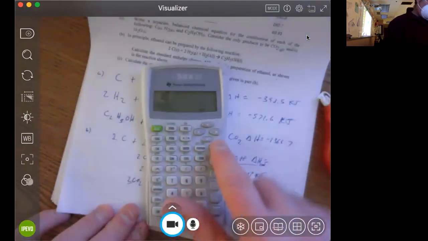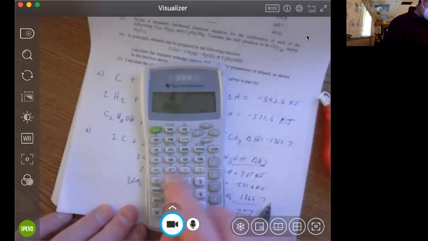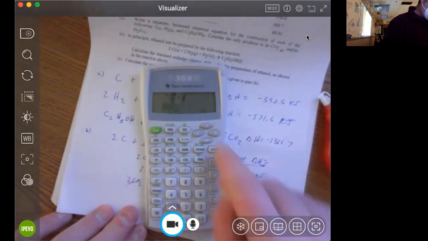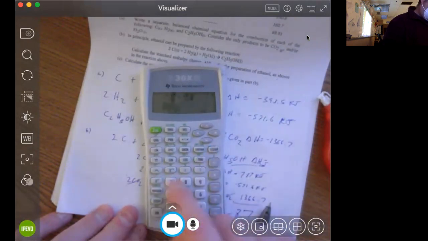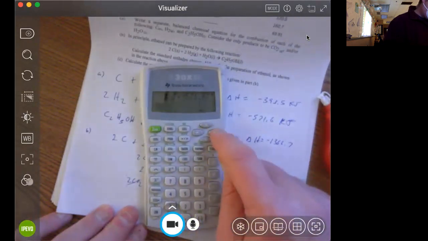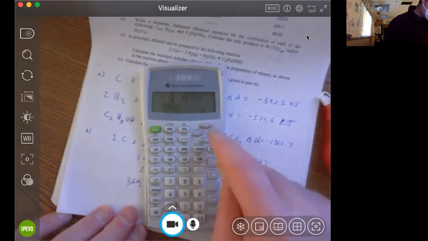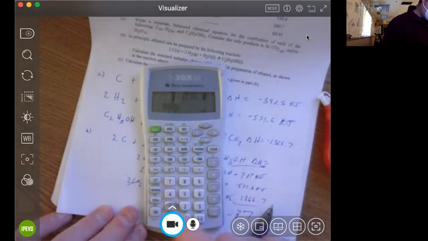So if it were to ask like per mole for that equation, you divide it by 2. Give me 1 second. Geez, I can't even type it in my head. That says 13.66, but it's 1366.7.